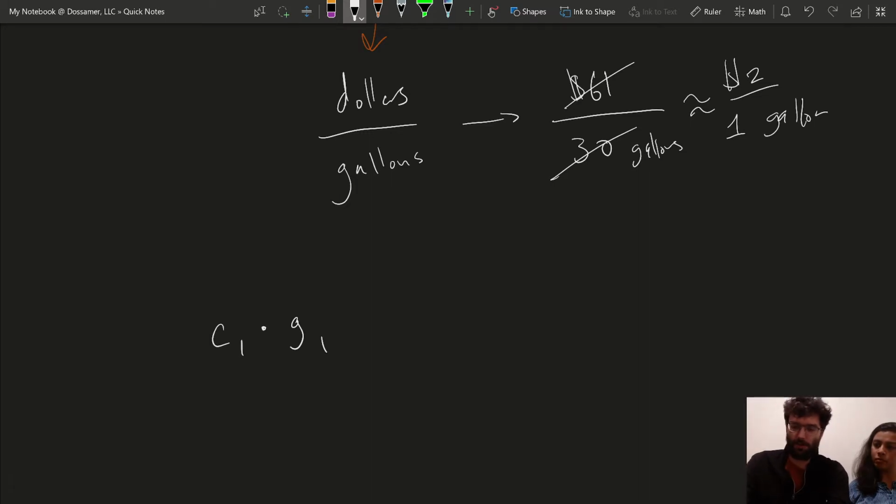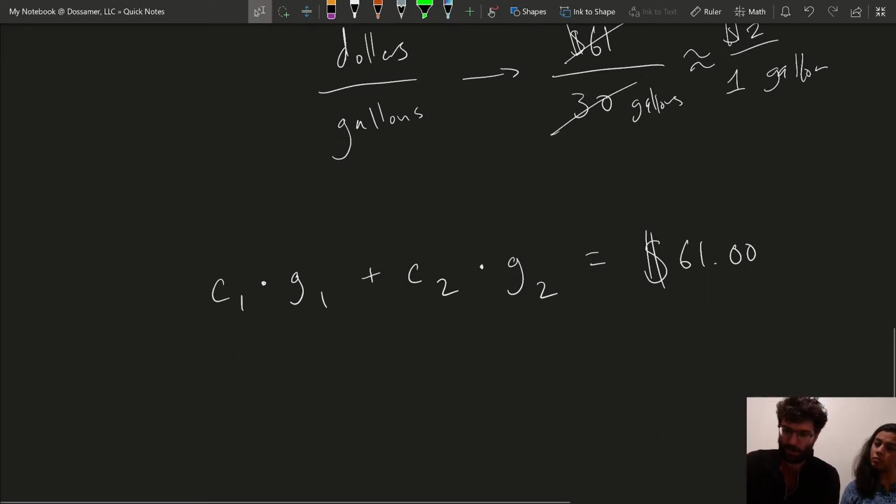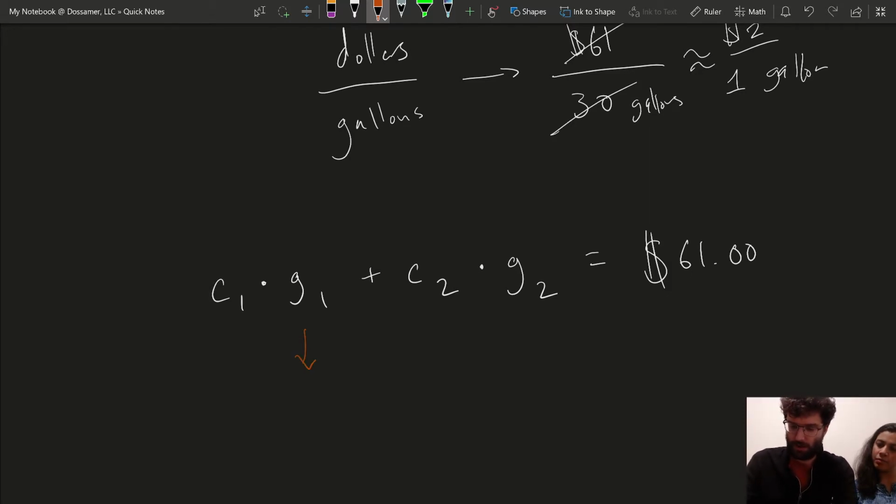But at this point, it's good to take the information that we do have and start just plugging it into this equation that we've made. So I'm going to write it out one more time, but now really abbreviated. So I'm going to have the first week's cost times the first week's quantity of gas plus the second week's cost and the second week's quantity of gas, and then I'm going to have the total expense across both weeks.